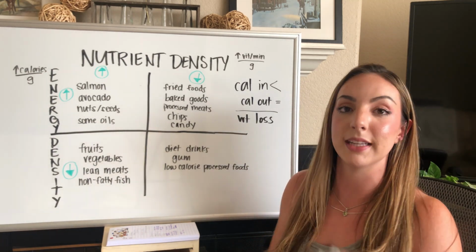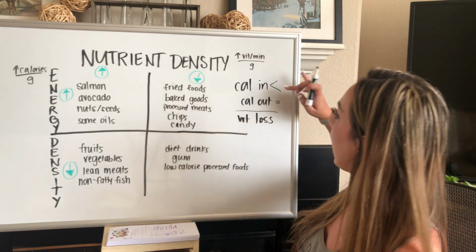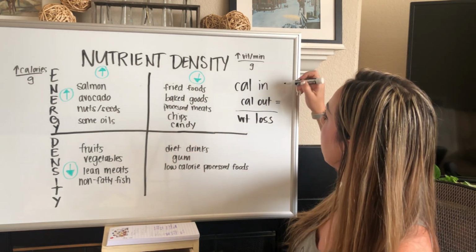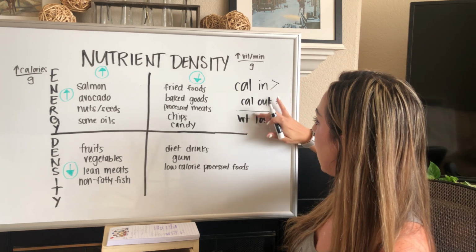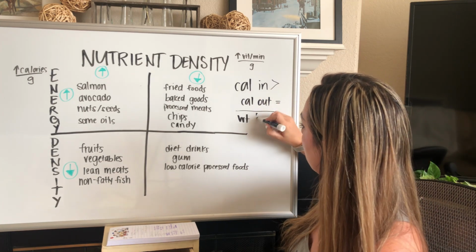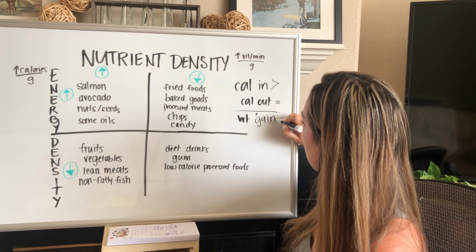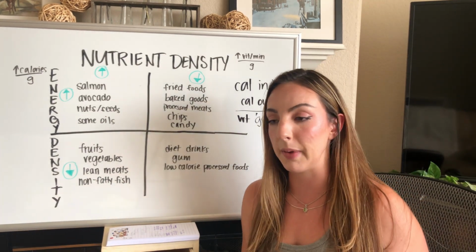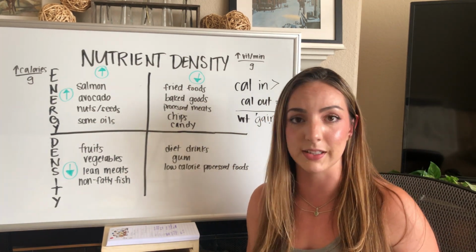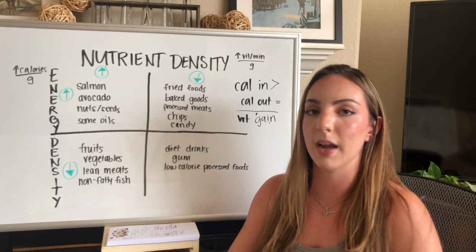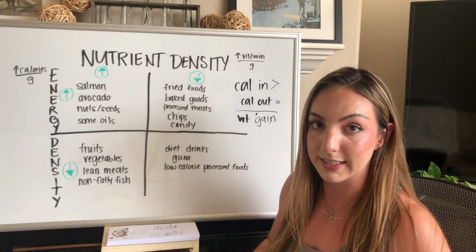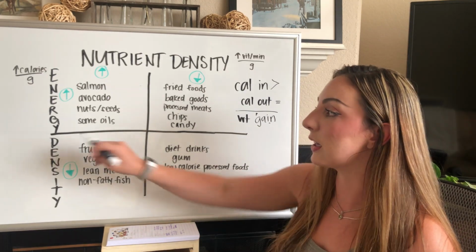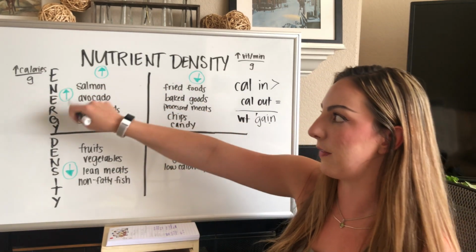Now, if we were to flip that on its head and go for weight gain, that would mean our calories in need to be bigger than our calories out, and that will lead to weight gain. Now, obviously, we could talk about muscle gain specifically, but that's a little bit more complicated and not what I want to get into in this video. So for weight gain, we want more calories than we're burning. So we're going to focus on the top part of this table, right?